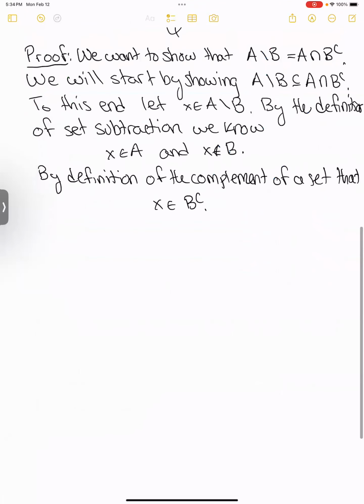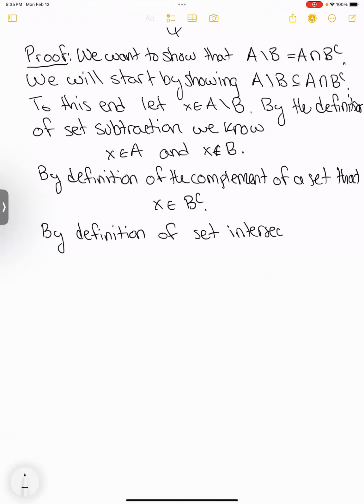Okay, good. Now, that's pretty good because remember, we're trying to show that x must also be in A intersect B complement. We know x is in A. We just saw that x is in B complement. And now by definition of set intersection, we see that x is in A intersect B complement, right?